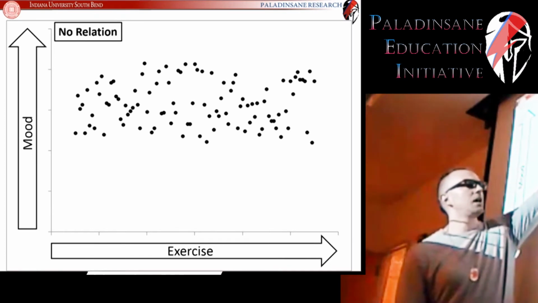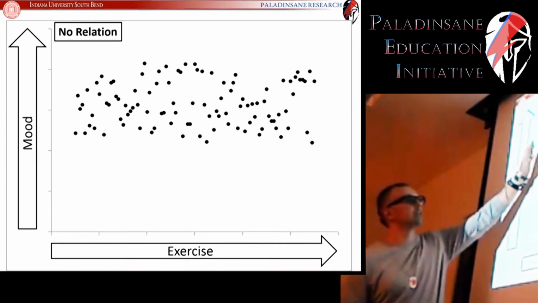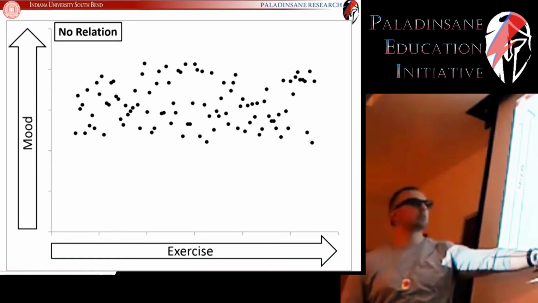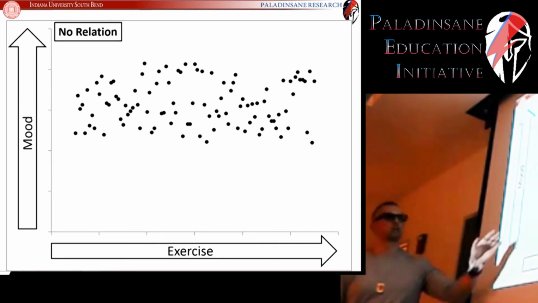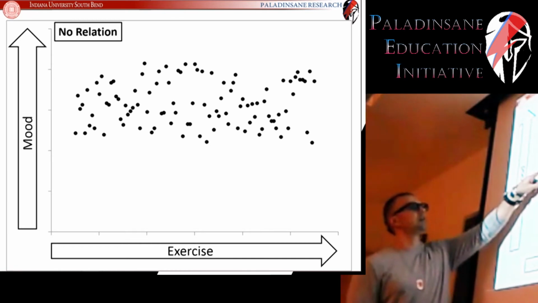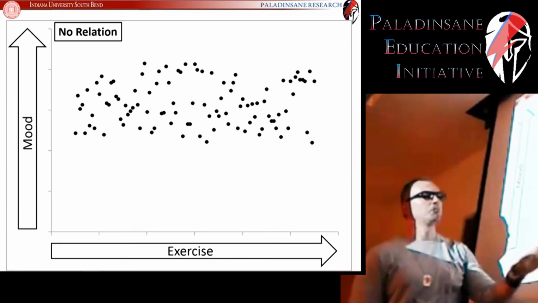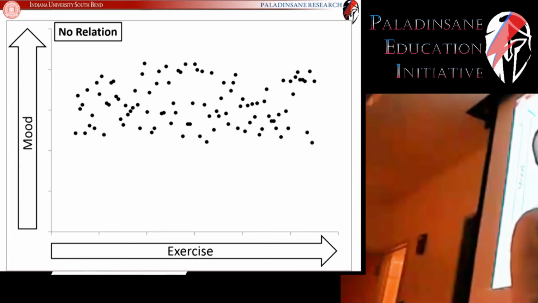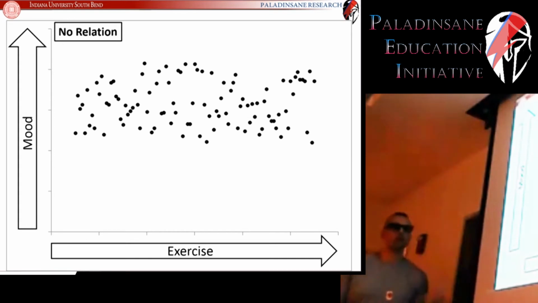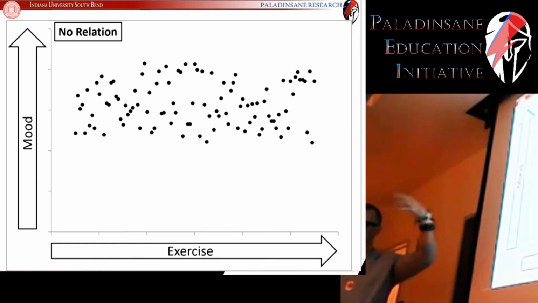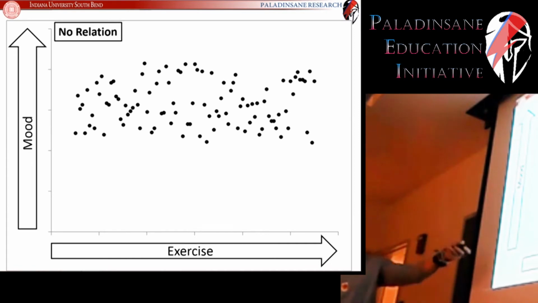If this was the relationship between exercise and mood, then there would be no relation, because people who exercise little have low and high moods. People who exercise a lot have low and high moods. There's no relation between exercise and mood.